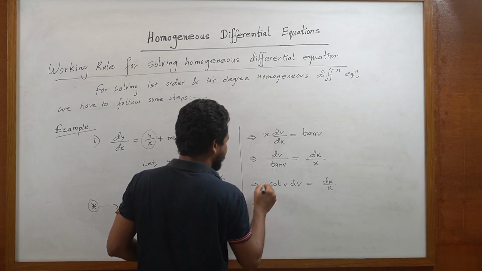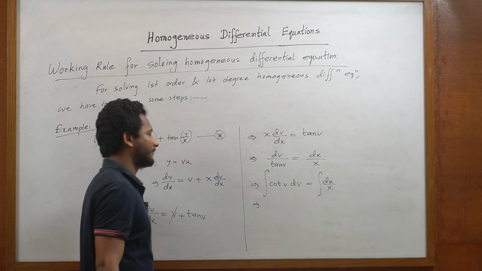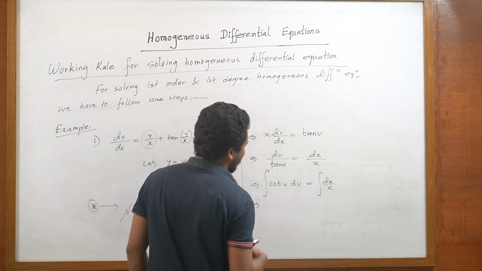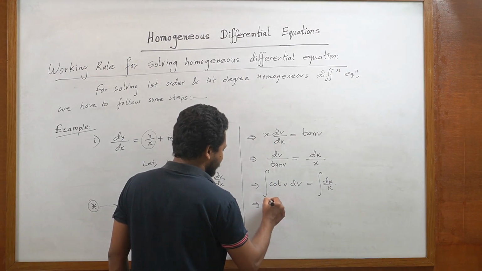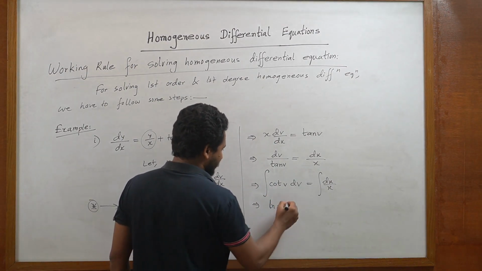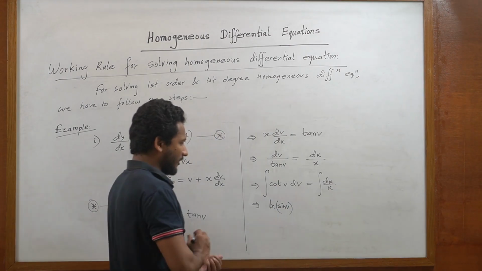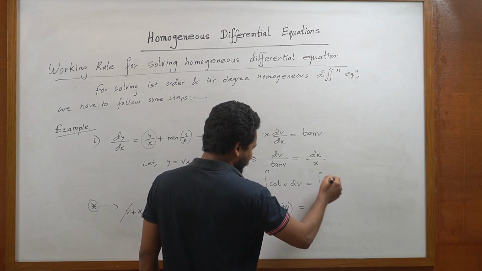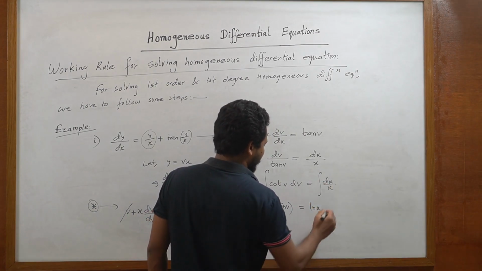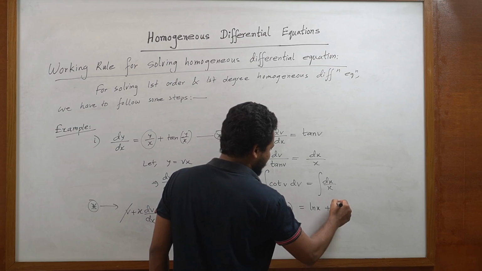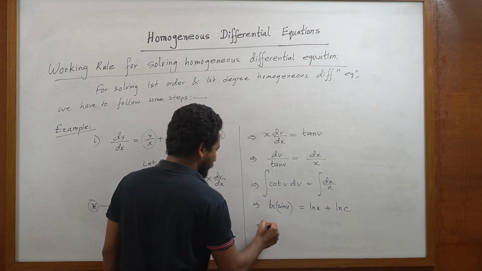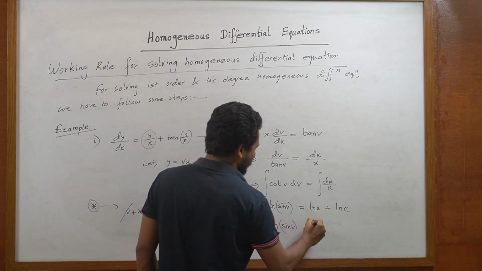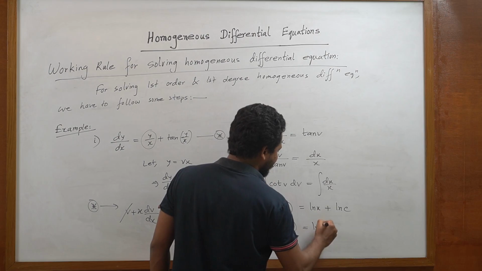We will integrate both sides. Integration of cot v with respect to v is ln, or natural logarithm, of sin v, equals this integral, which will be ln x plus constant, and we take the constant as ln c. So natural logarithm of sin v equals natural logarithm of x times c.